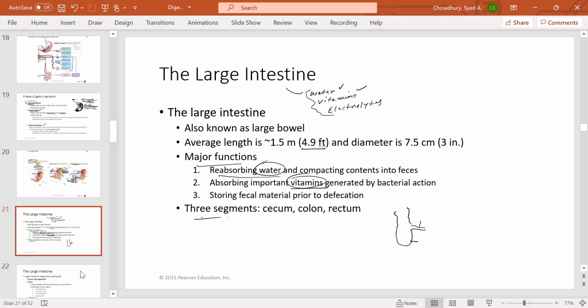This is the cecum, and this is the end of the ileum or small intestine, right? And there is a tiny worm-like or finger-like structure attached to the cecum, that is called the appendix, vermiform appendix, right? Vermiform means worm-like.